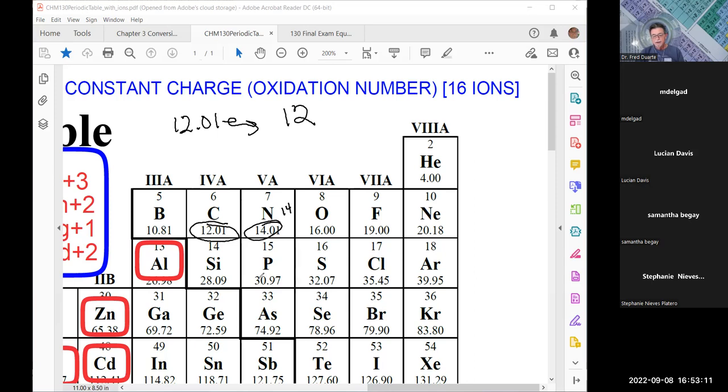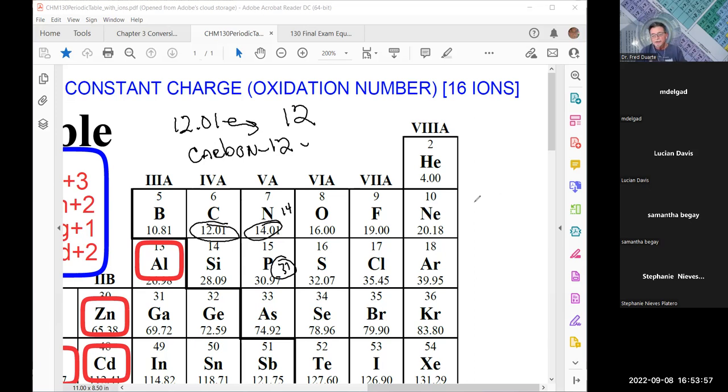For oxygen, 16. For phosphorus, it's 31. What that tells you is that carbon-12 is the most abundant isotope of carbon. Carbon-11, carbon-13, carbon-14 differ from the most abundant carbon by the number of neutrons. We'll get some examples here in a little bit.